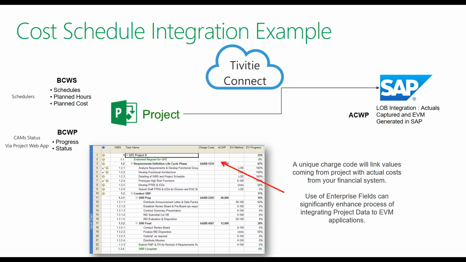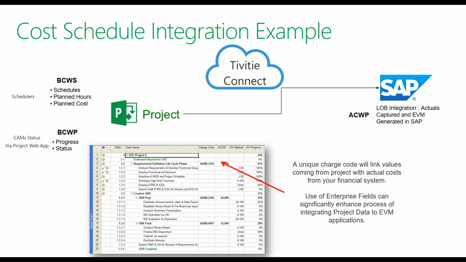And by having that unique charge code that's associated and maybe some data transformation that occurs within that Tivitie Connect platform, that streamlines this process and takes some of the requirements and heavy lifting from the scheduling team or the project management team that is managing the project. And maybe a lot of times I've seen they have to create their schedule and manage their schedule in a way that will speak to financials in the financial language, which doesn't necessarily translate to the schedulers' or the project managers' language.